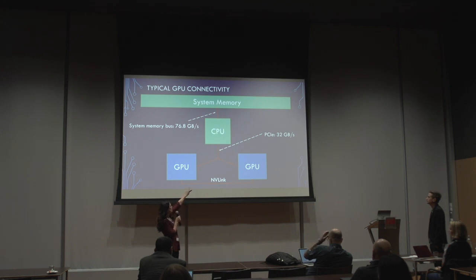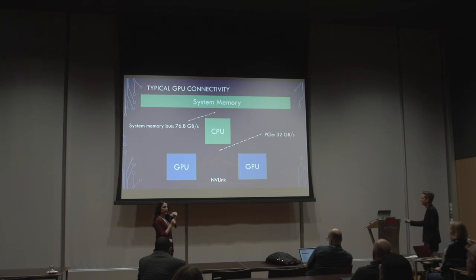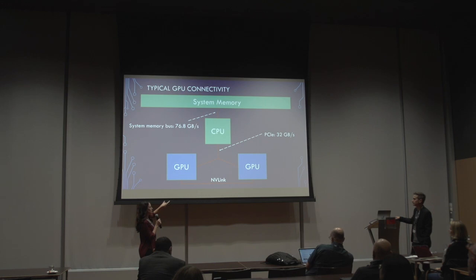Here they have PCI, and in most cases it's PCI Gen 3 these days. Not only is that bus only 32 gigabits per second, but in a lot of systems you typically have 2 GPUs per PCI link. So if you're doing things to both of those GPUs at the same time, you're sharing that 32 gigabit link. That's a huge bottleneck.